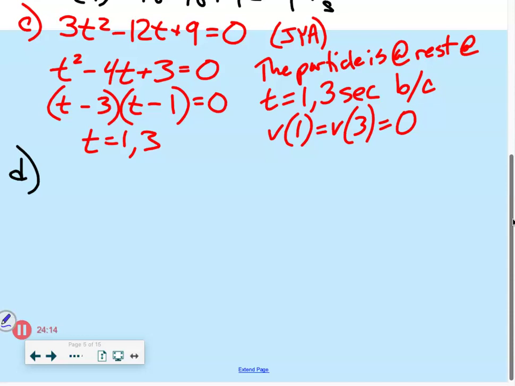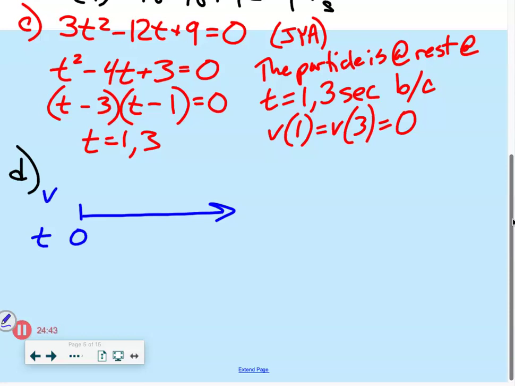Now, I'm going to write something I'm going to erase, so don't copy it, okay? So if I make a sign line, typically when I start a sign line, I make a number line that points into infinity in both directions. For this one, though, I'm going to cut it off because we don't want any negative times. So I'm going to start it at 0. Okay, so these are my times. These are going to be my velocities.